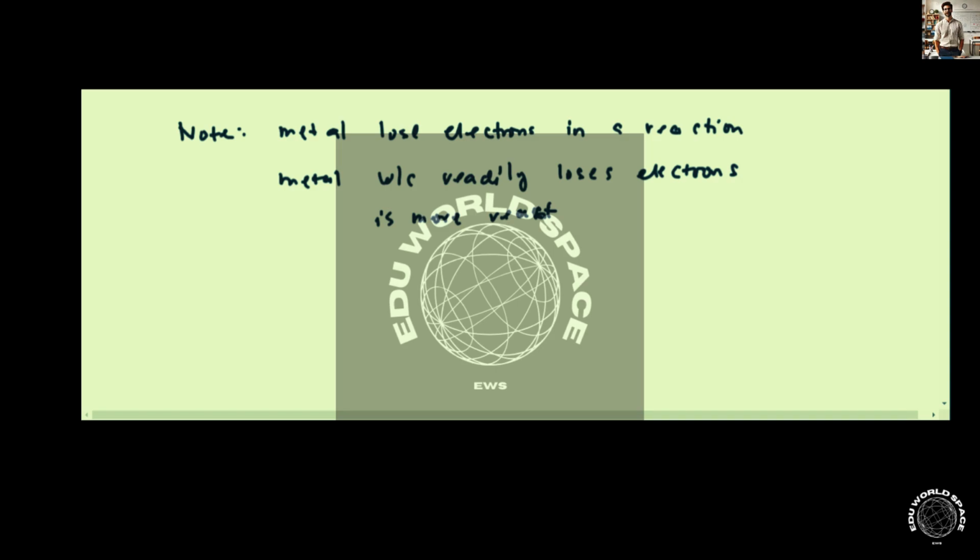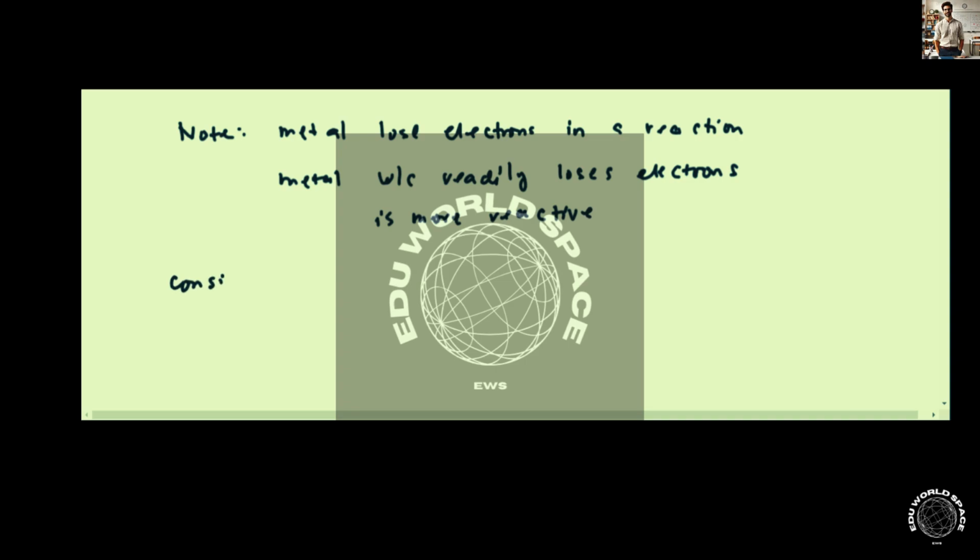So again, if the metal loses electrons more readily, or the easier the electron can be removed from the metal atom, then the metal is more reactive.